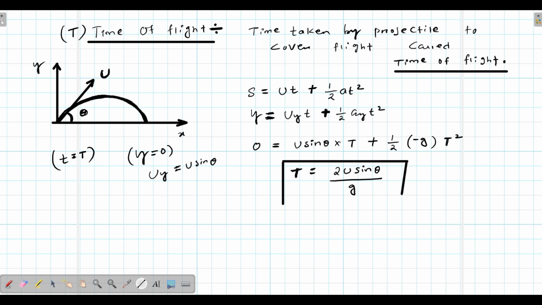Time of flight is the time taken by the projectile to cover the flight. If theta equals 90 degrees, time of flight becomes maximum.